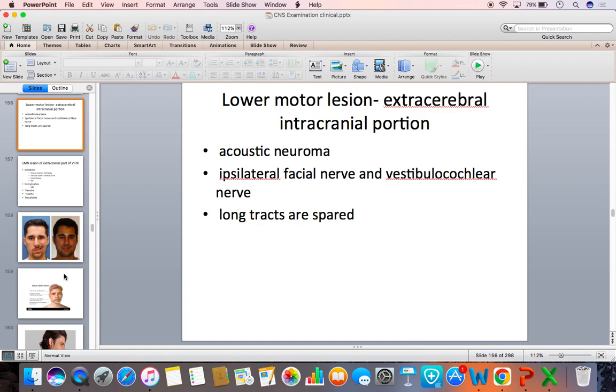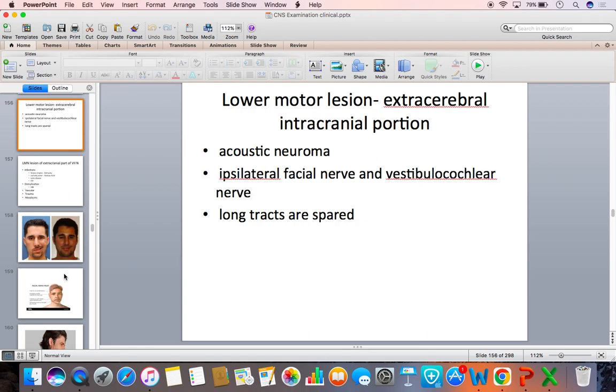Then coming to the lesions of the lower motor neuron. They could be extracerebral, intracranial, or extracranial. So the intracranial portion of the lower motor neuron can be affected in that segment of the facial nerve from the point of pontomedullary junction to its entry into the internal acoustic meatus.